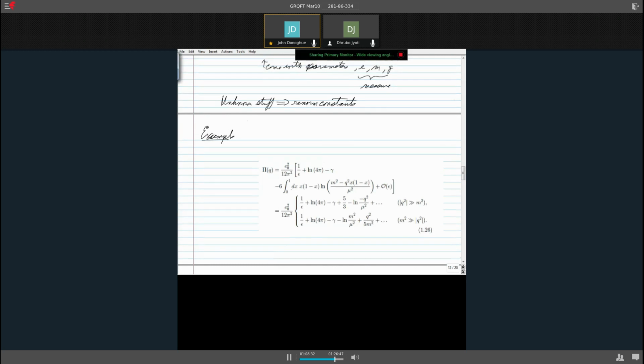And these local pieces come with coefficients. Parameters.